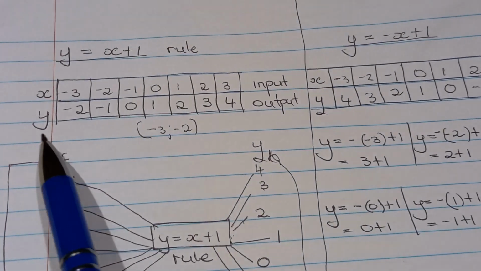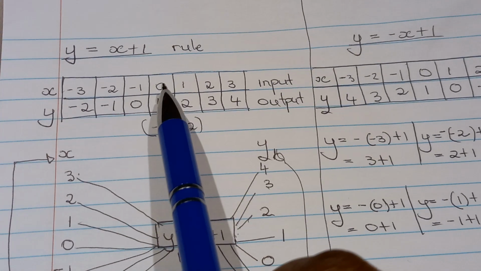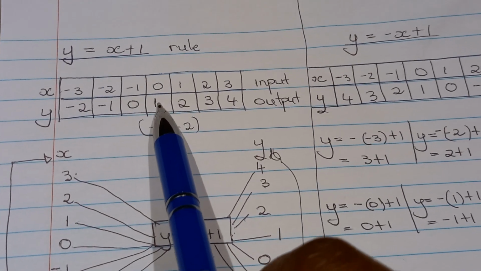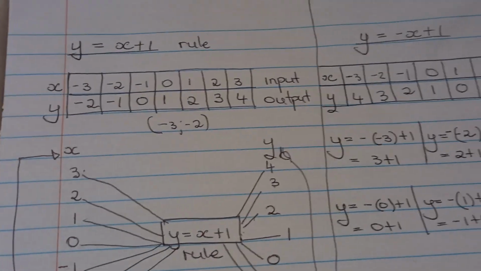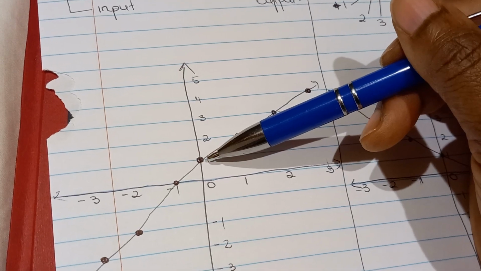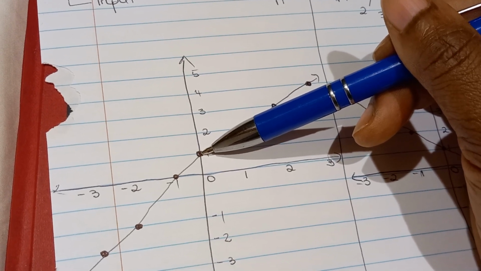When you go to the y-intercept, you make your x 0, and then your output becomes 1. It means your graph will touch the y-axis where y is 1.